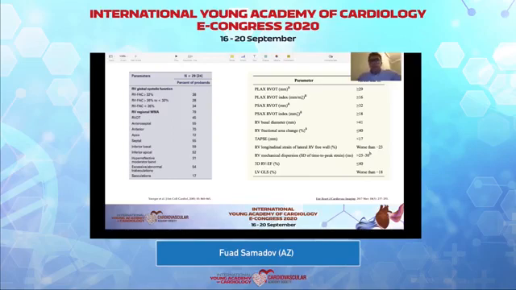In the right one, we see the EACVI recommendation for echocardiographic evaluation of patients with suspected arrhythmogenic cardiomyopathy, and there are also right ventricle basal diameters, TAPSE, and longitudinal strain for the RV free lateral wall and mechanical dispersion.